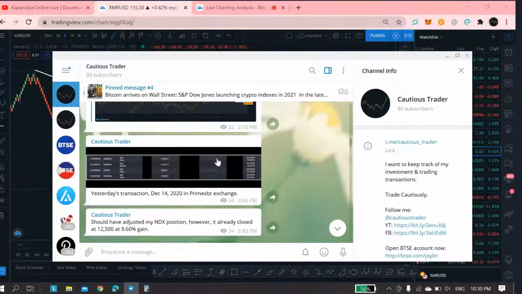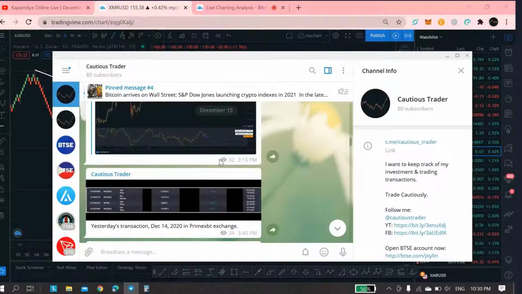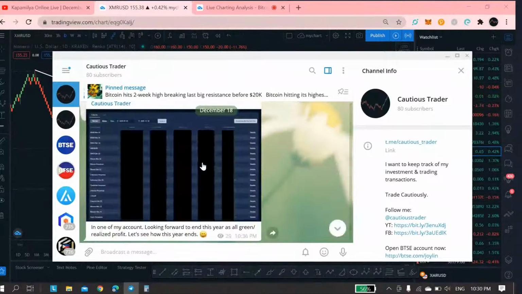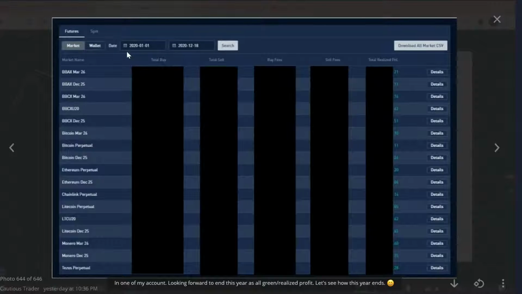So actually, this is just from one exchange. The other exchanges, sometimes I don't share. But as of year to date, as of this screenshot, December 18, this is the market that I trade: perpetual and time-based futures contracts.